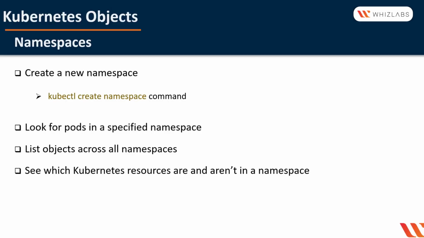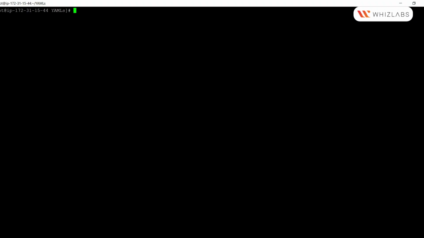Most Kubernetes resources, for example pods, services, replication controllers and others, are in some namespace. However, namespace resources are not themselves in a namespace, and low-level resources such as nodes and persistent volumes are not in any namespace. Let's see which Kubernetes resources are and which aren't in a namespace.